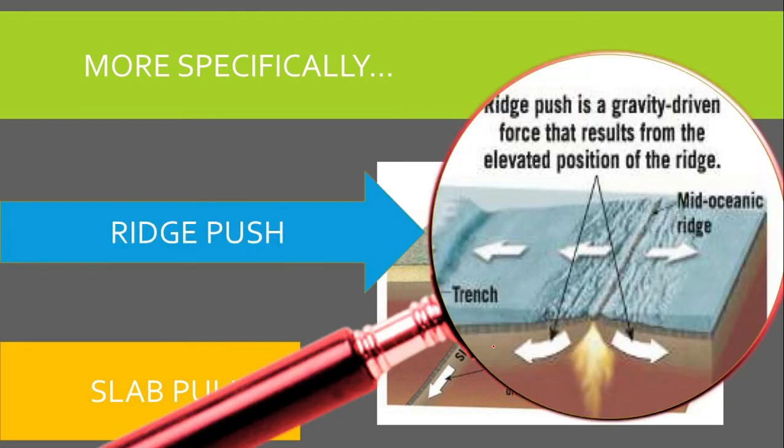But while we're at it, we could also talk about ridge push, which is a secondary process that's happening here. Remember, as this mid-ocean ridge is forming and it's physically higher than the ocean basin around it, gravity pulls it down, and the material has a direction of force pushing it down along the plate boundary here.